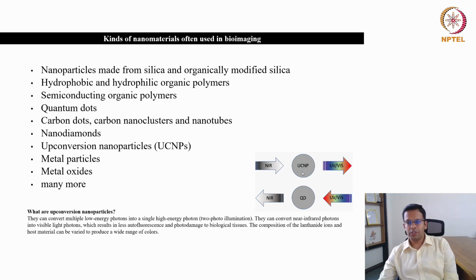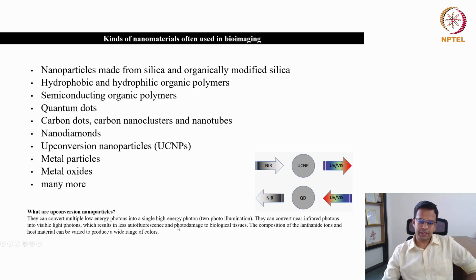They need two photon illumination, so they need a higher wavelength for illumination, near infrared, and they emit light in the visible or UV range. They can convert multiple low energy photons into a single high energy photon. They can convert near infrared photons into visible light photons, which results in less autofluorescence and photo damage to biological tissues.